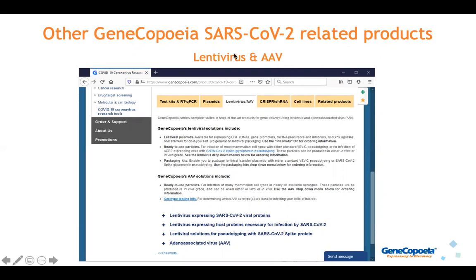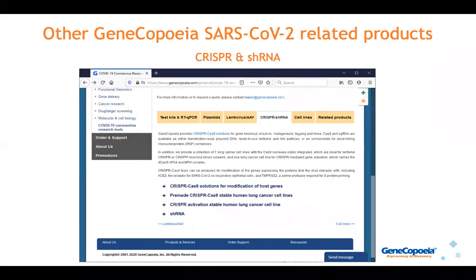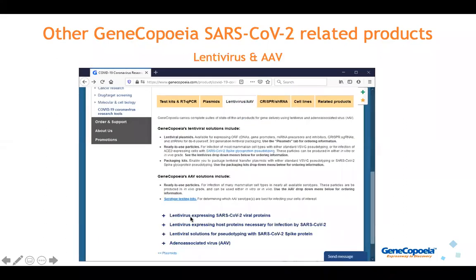Now I want to move on to other SARS-CoV-2 related products such as lentivirus and AAV. Lentivirus expressing SARS-CoV-2 viral proteins as well as human host proteins can also be ordered from our website.